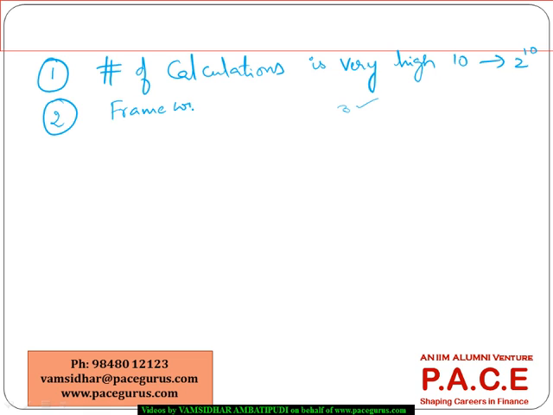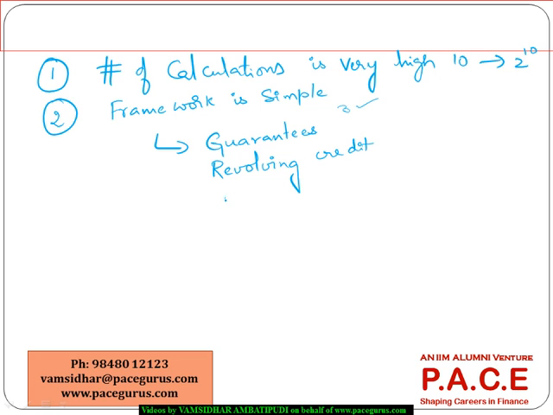So the framework is simple. What does that mean? Some kind of special credit positions, probably something involving guarantees or any kind of revolving credit arrangements, any other contingent liabilities present, which are more like option like features.